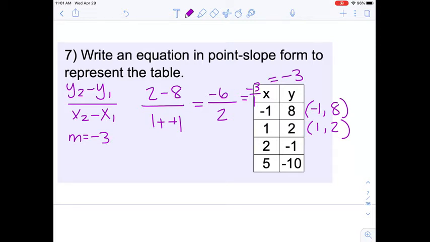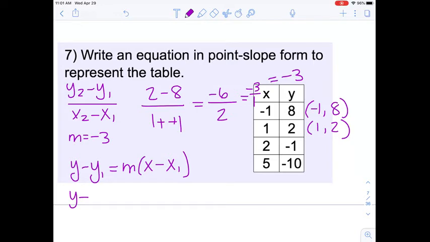So now we know our m is -3. Then for point-slope form, that's y minus y1 equals m times x minus x1. And if I were you, I would write that formula down. Use that on your quiz. So now we're just going to plug in what we know.